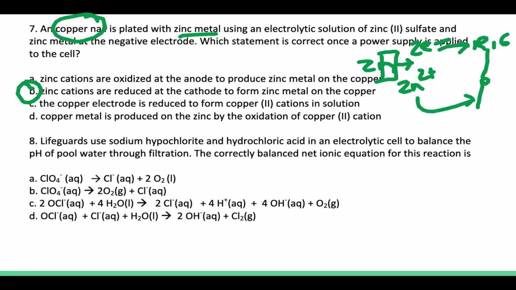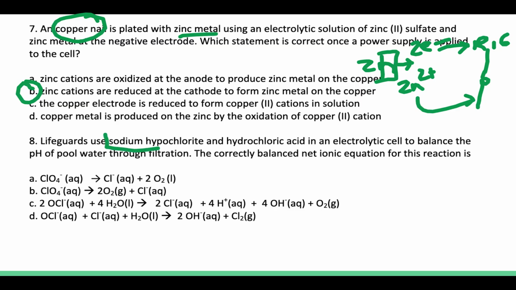So now that we know that, we can just move on to the next one, talking about lifeguards that use sodium hypochlorite and hydrochloric acid in an electrolytic cell to balance the pH of the pool through filtration. And then it's asking for the correctly balanced net ionic equation for this reaction. So let's see what is reacting here.